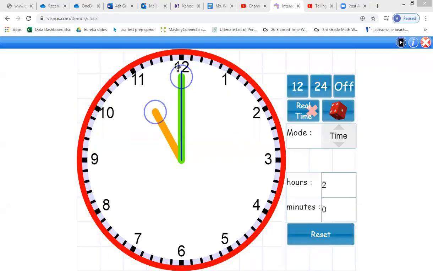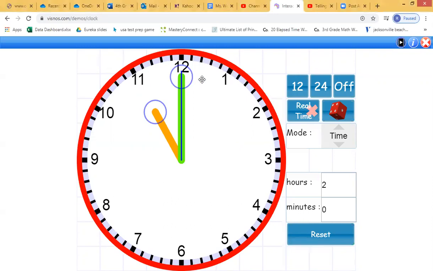Let's go back to the other clock that we can move around. Okay, so now that you have your clock labeled and you know each number is in increments of 5. So remember, it's in increments of 5.